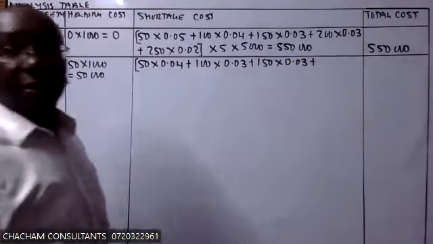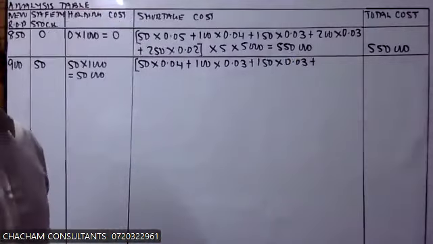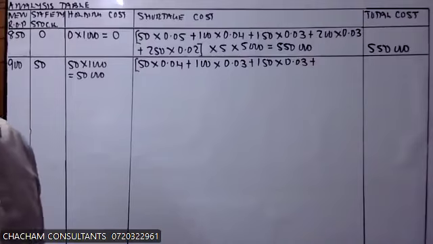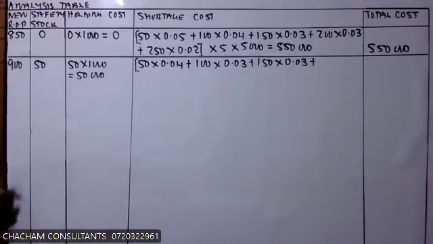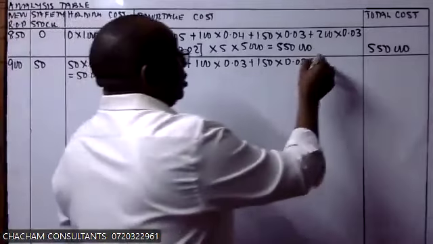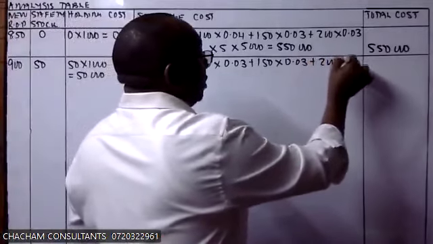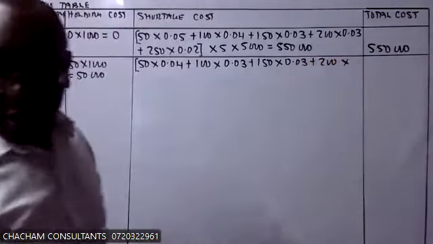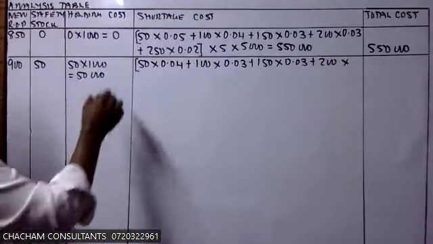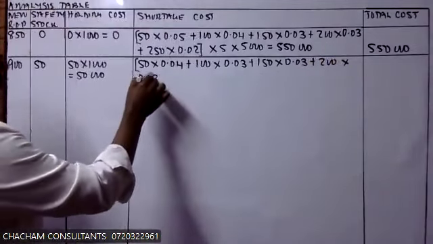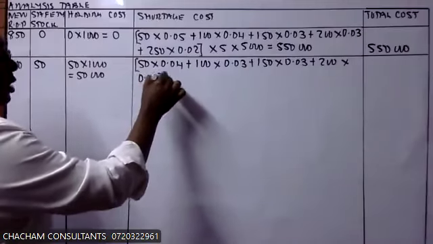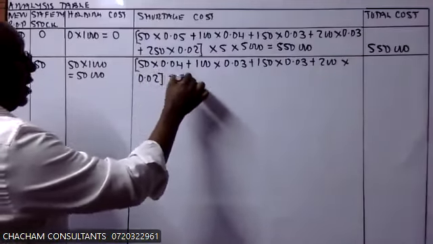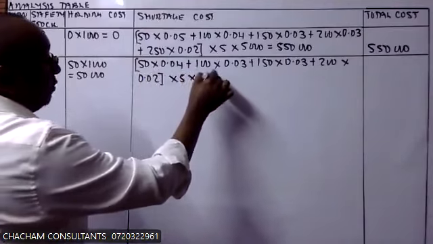The last one is if you have a demand of 1100 and you have a new reorder point of 900, that will occasion a shortage of 200. And the probability of that happening is 0.02. Then all these you multiply by 5, then you multiply by 5,000.